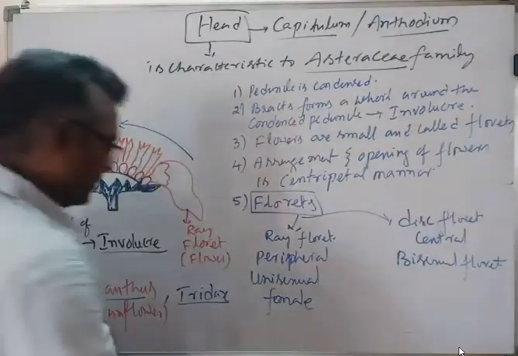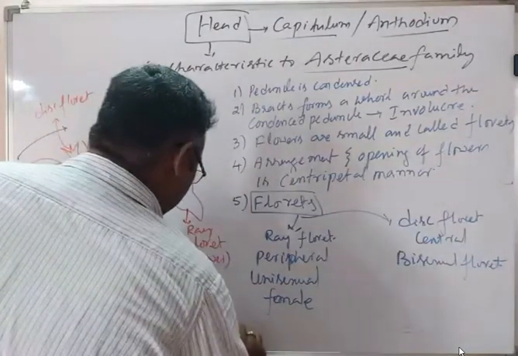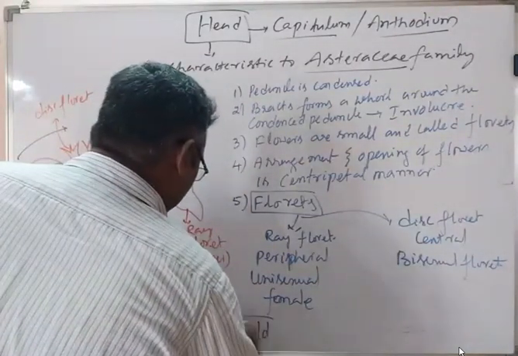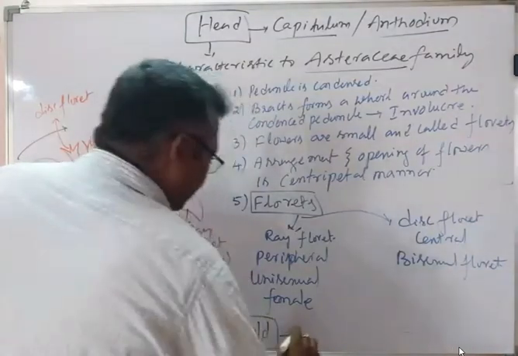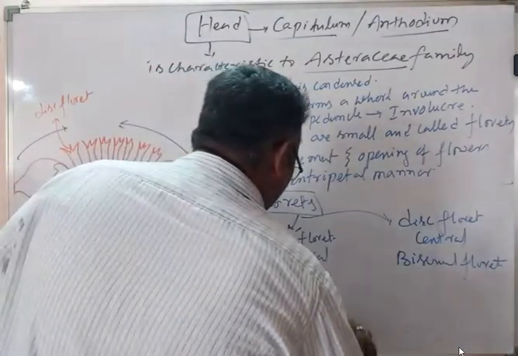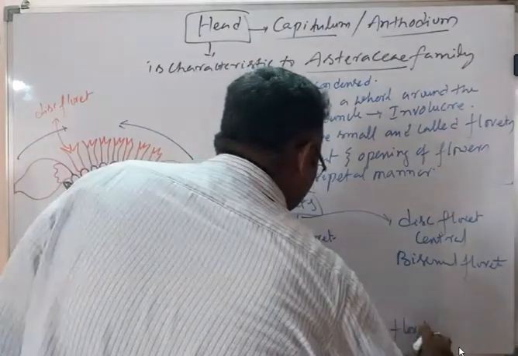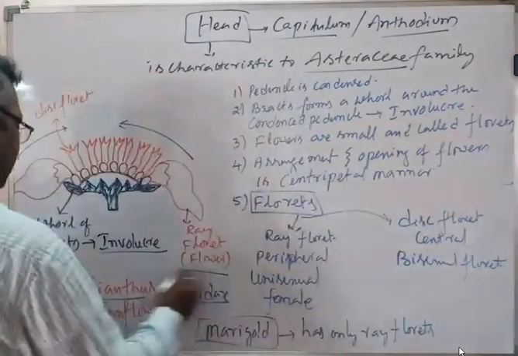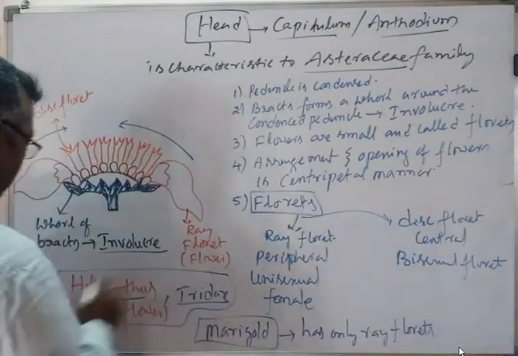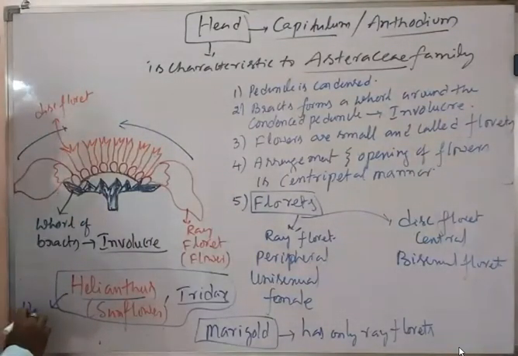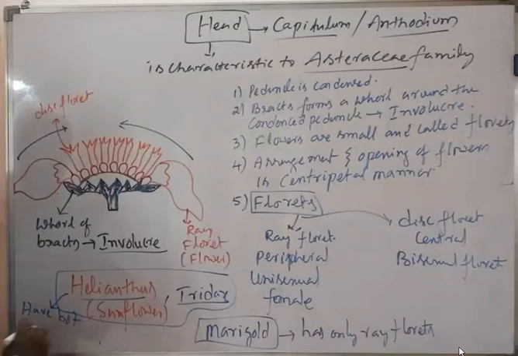You can also give marigold, but marigold has only ray florets. These two have both ray and disc florets.